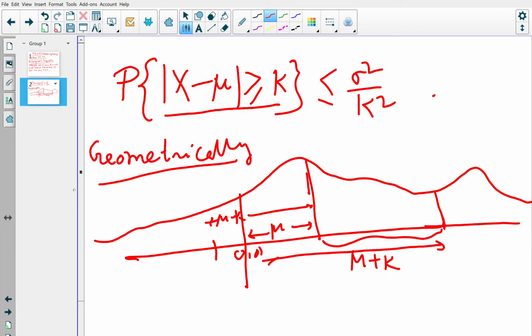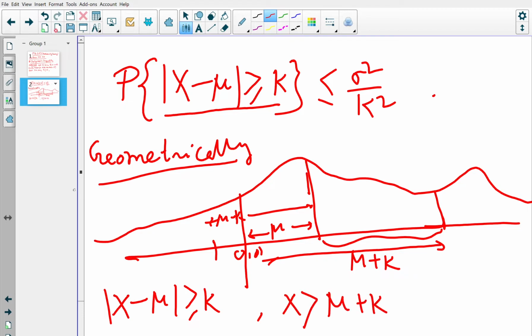So mod of x minus mu greater than or equal to k, what does that mean? That means x is either greater than mu plus k, or the union of this with x less than mu minus k.